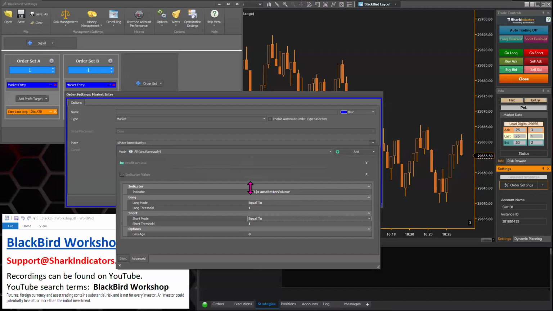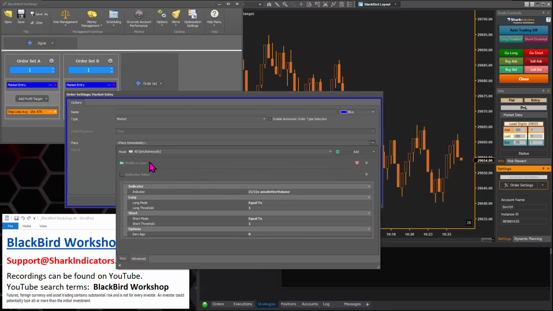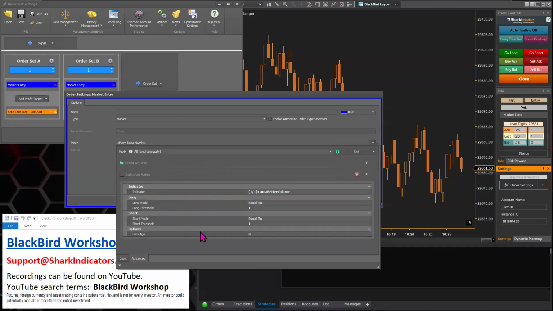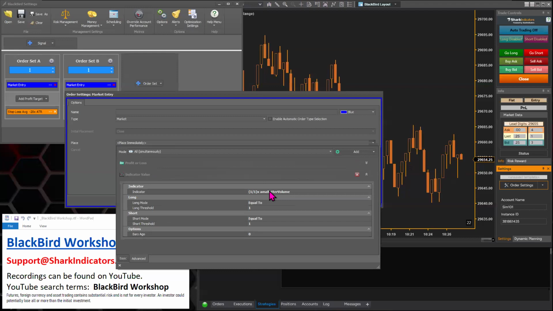Essentially that's how you do it. You would use the profit or loss, and then use an indicator value, and then most importantly, make sure this custom indicator can load in whatever instrument and time frame you want it to be running on. So that has to be incorporated into that indicator there.